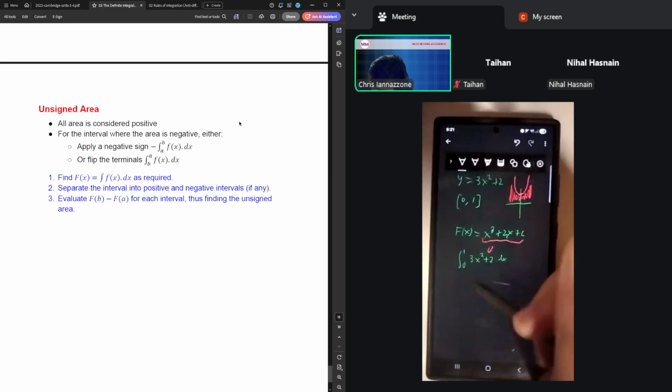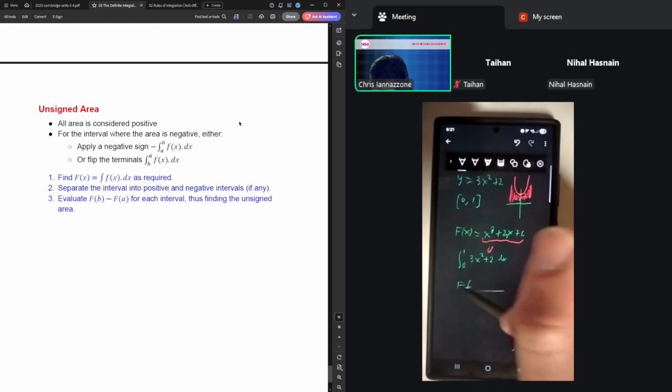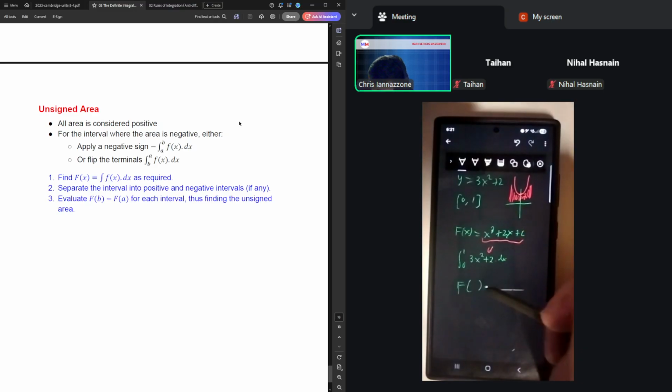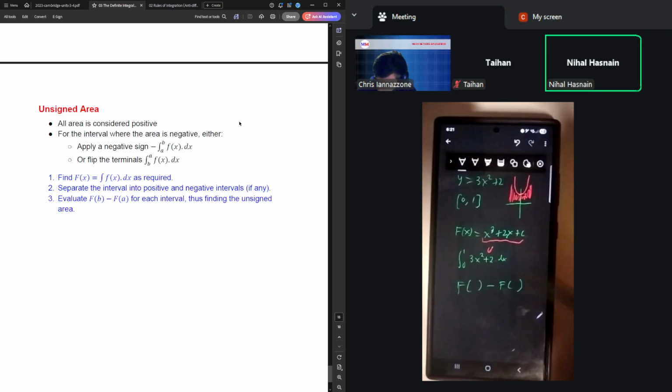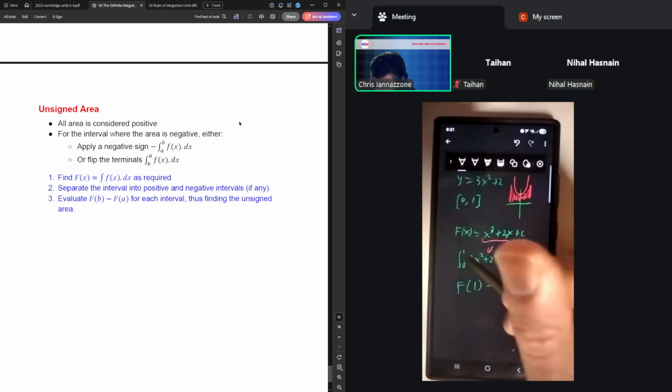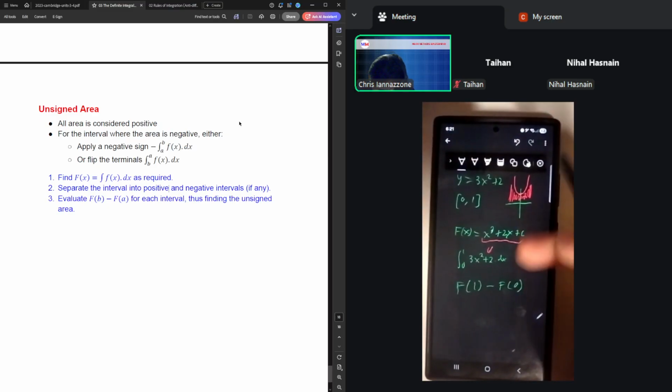But cool. Okay, so now we just got to evaluate the definite integral of this. What is it going to look like? Capital F of what minus capital F of what? Of 1 minus F of 0. That's it. Yeah, top, bottom, in that order.